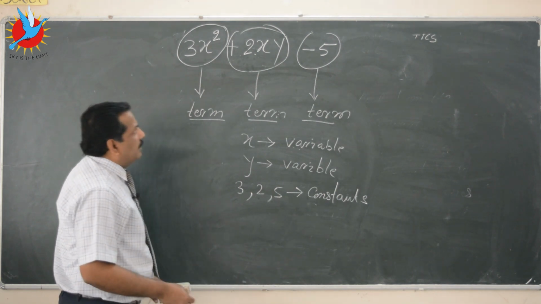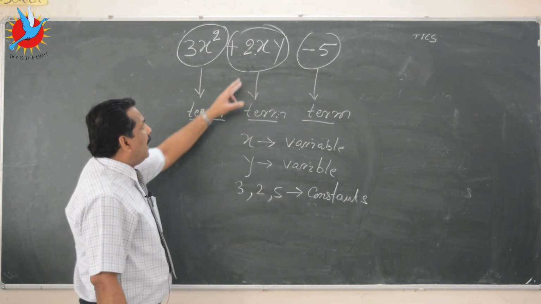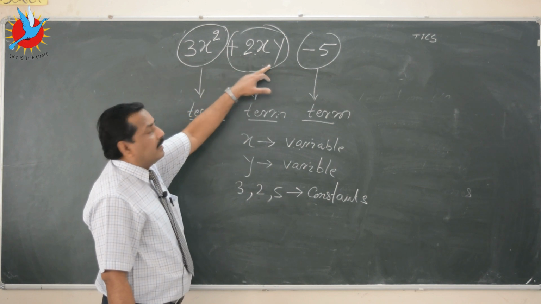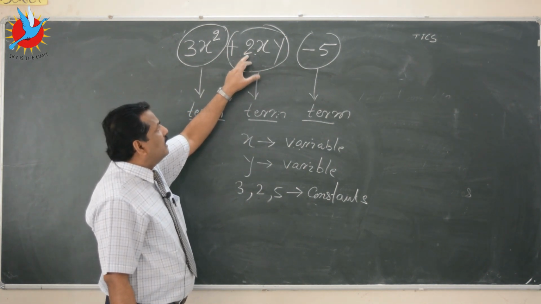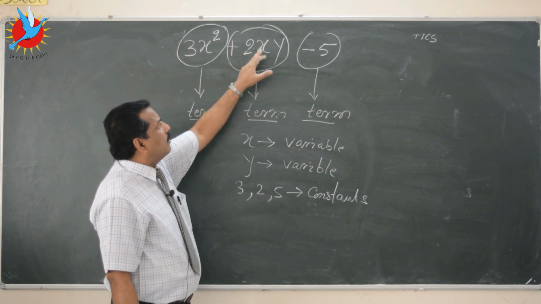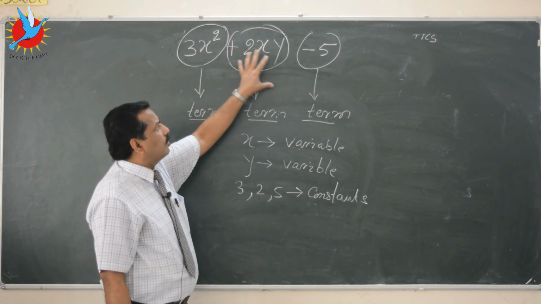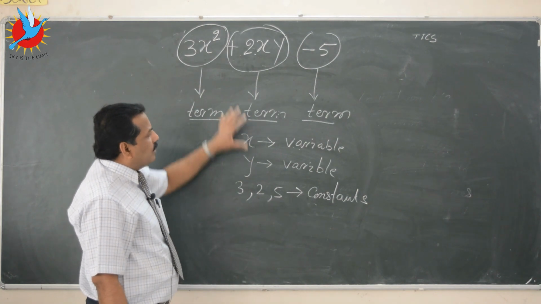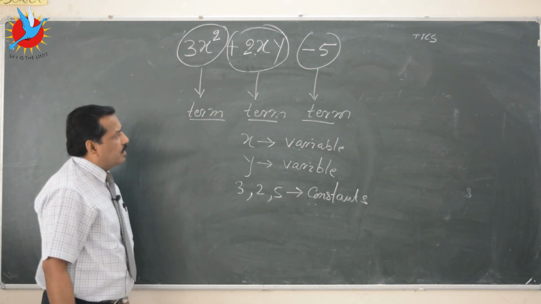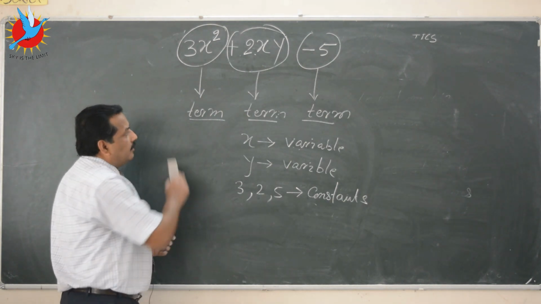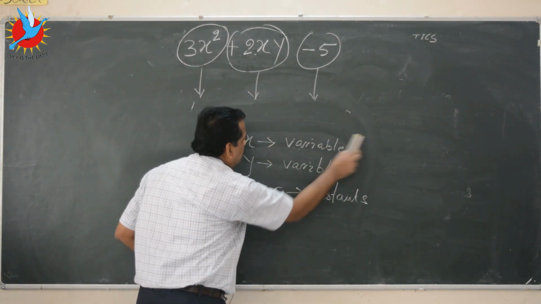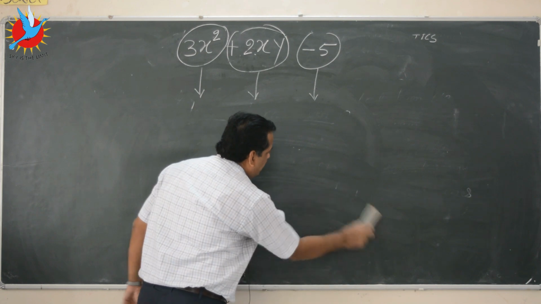After that we shall learn that this 2 is a multiplier, 2 is multiplied, therefore this 2 is a coefficient, x is also a coefficient, y is also a coefficient. So we shall be dealing with different terms. Now let us start to write, and then I will explain the different terms of an algebraic expression.